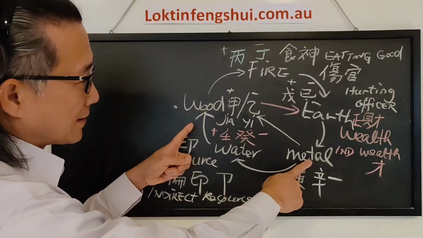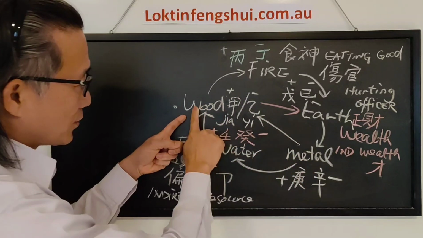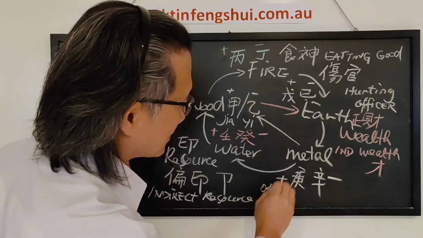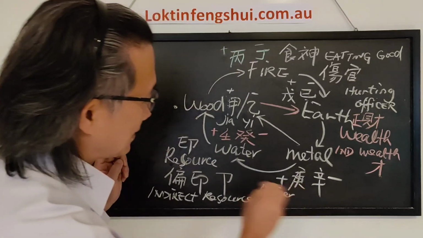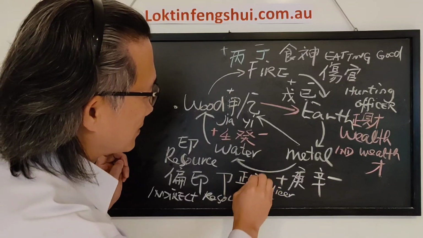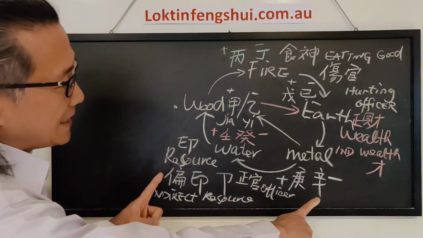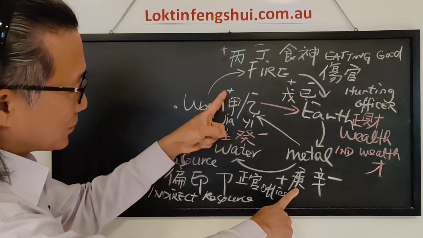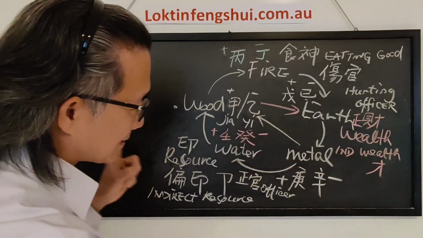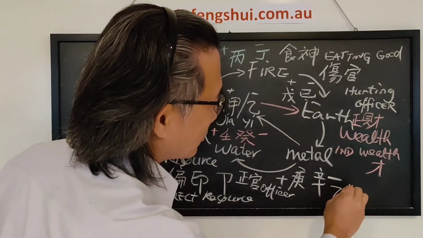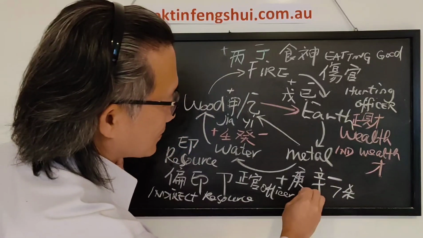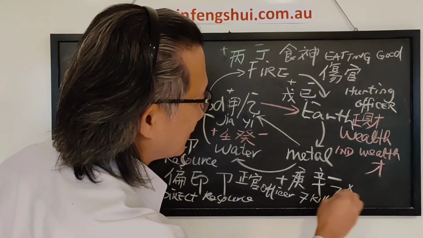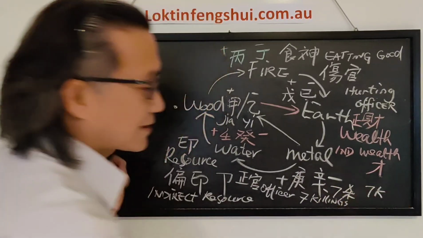So what controls me, controls the wood, becomes the officer, or in Chinese 正官. So yin controlling yang is called officer. Yang controlling yang is called 七殺, or a direct translation is 7 killings, or sometimes 7K.